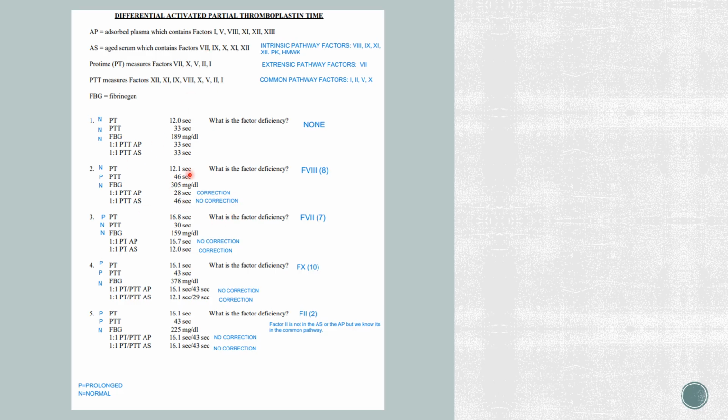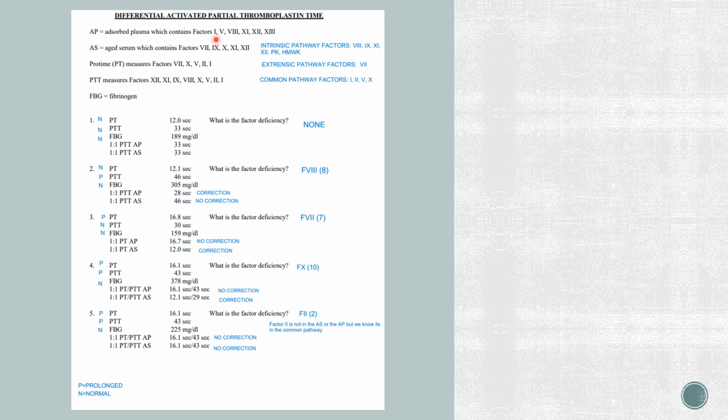So that would have affected our PT, but it's our PTT that is prolonged, so it's not factor 7. And if it was factors 1, 2, 5, or 10, we would have prolongation in the PT and the PTT because those are both in the common pathway.